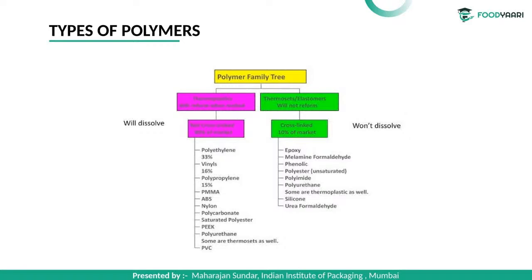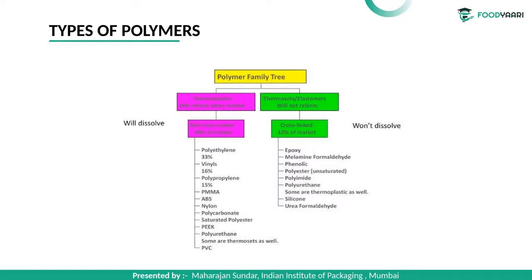Under thermoplastics, there are polyethylene, vinyls, polypropylene, PMMA, ABS, nylon, polycarbonate, saturated polyester, PEEK, polyurethane, and some thermosets as well, including PVC. Cross-linked thermosets include epoxy, melamine formaldehyde, phenolic, polyester, polyamide, polyurethane, silicon, and urea formaldehyde.